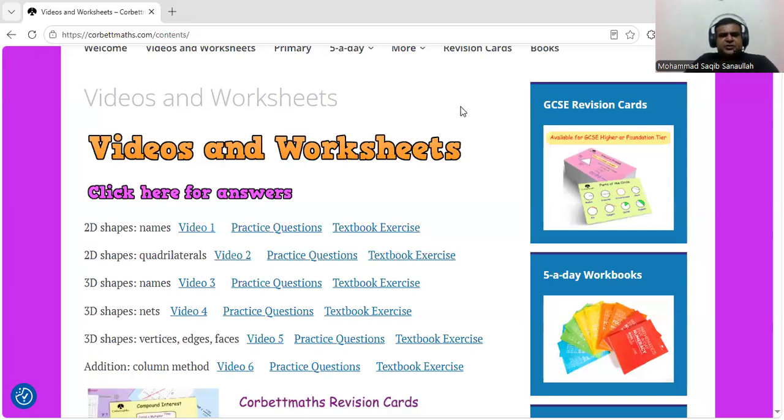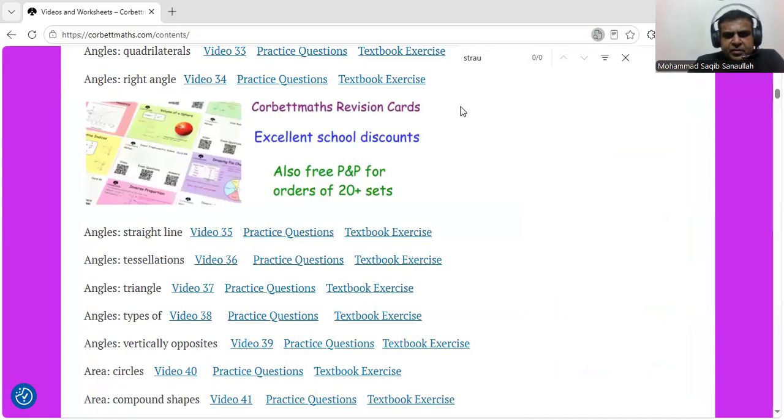So here are the topics. Let me see today's topic. Just give me a minute. Coordinate. So we were talking about straight line. So angle, straight line, triangle, types of vertical straight lines.